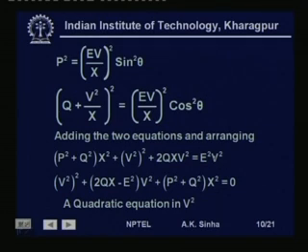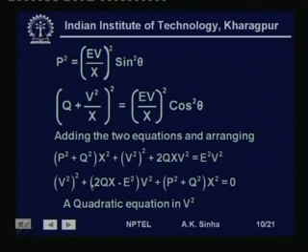Now, taking this term on the left hand side and arranging the equation in terms of V square, we will get (V square) square plus (twice Qx minus E square) into V square, taken together with (P square plus Q square) into x square, is equal to 0. This, as we see, is a quadratic equation in V square.